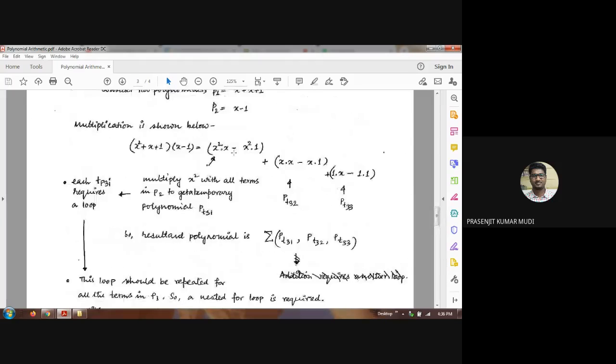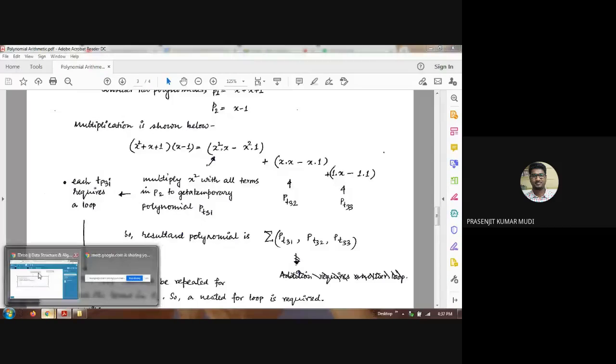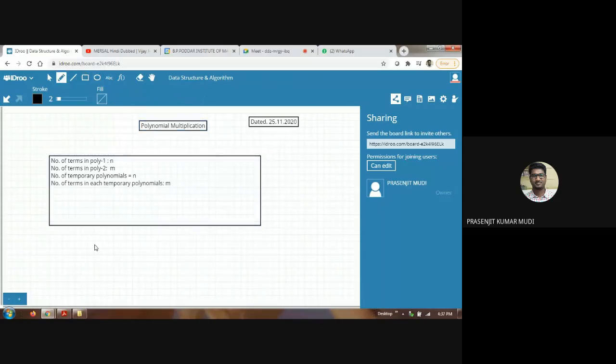For example, x square into x. Let's say x square is the ith term, and this is the jth term, the ith term of the first poly and the jth term of the second poly.